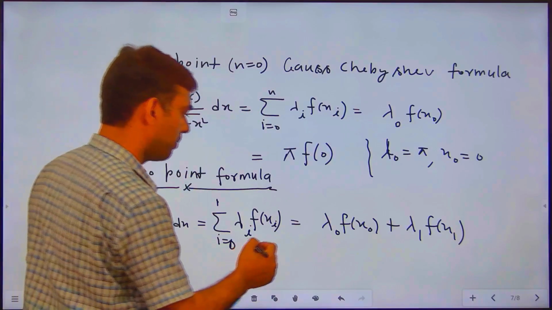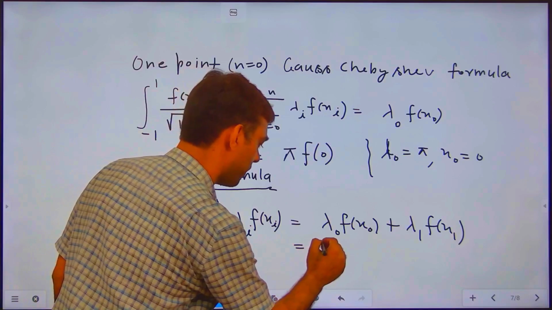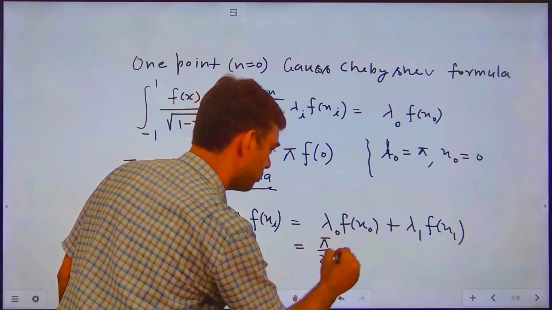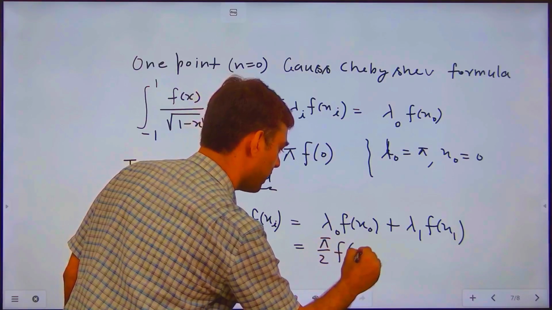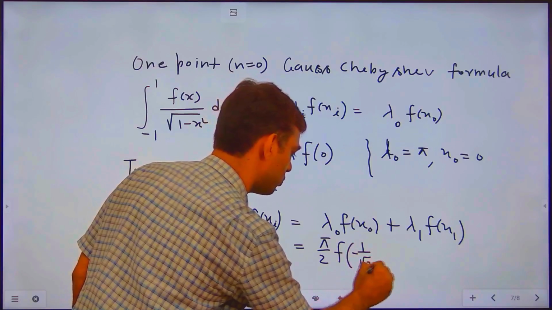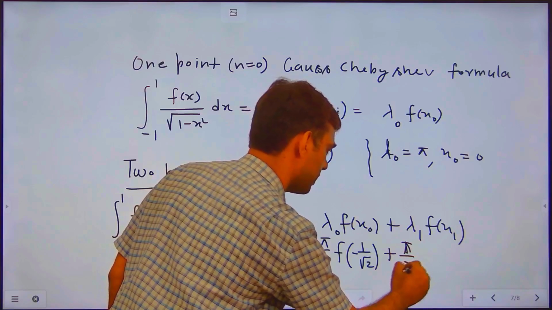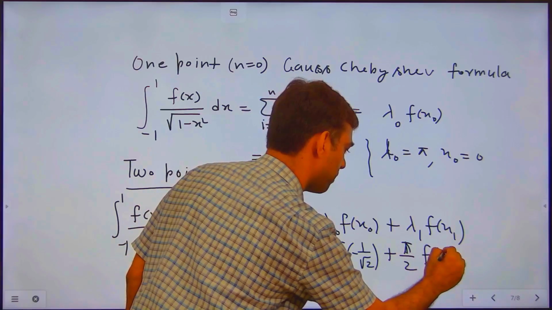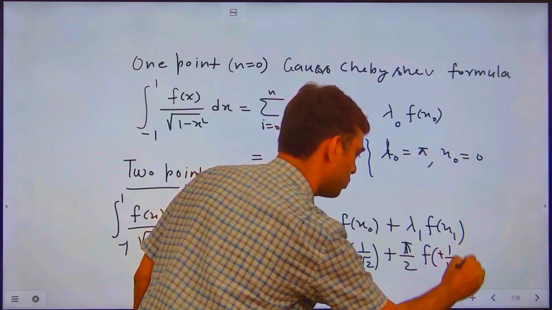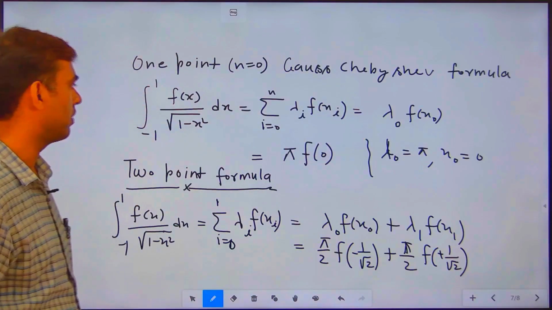The value of lambda 0 is pi by 2, with f of minus 1 upon under root 2, plus lambda 1, which is also pi by 2, with f of plus 1 upon under root 2. So, this is the 2 point formula.